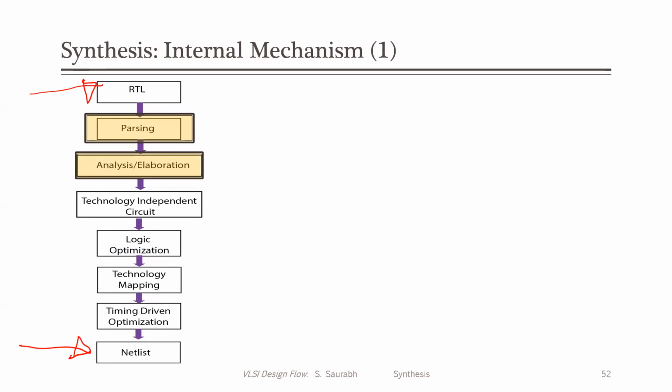Probably instead of this kind of structure, I would have expected some other kind of structure. How can I manipulate the tool options to get whatever I want, right? To manipulate a tool, you need to understand what the tool is doing internally. Then only will you be able to manipulate those tools very effectively. And to become a good VLSI designer or ASIC designer, you should know at least a little bit about the internal working of the synthesis tool.